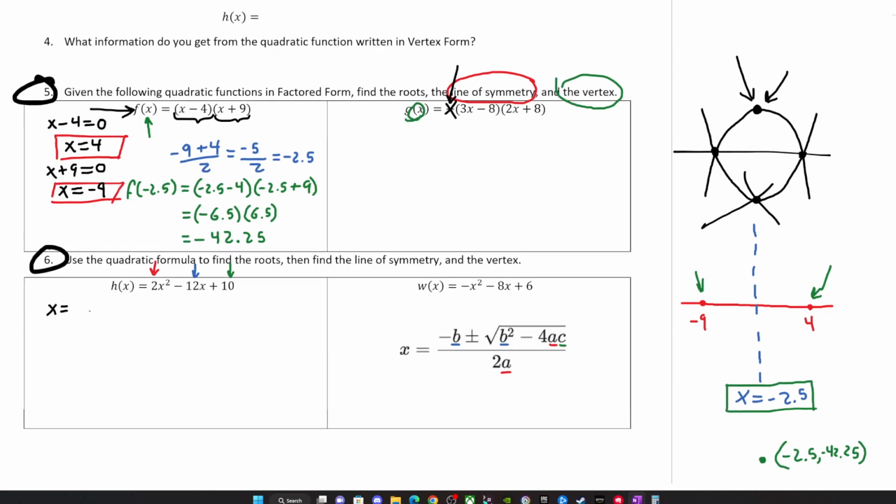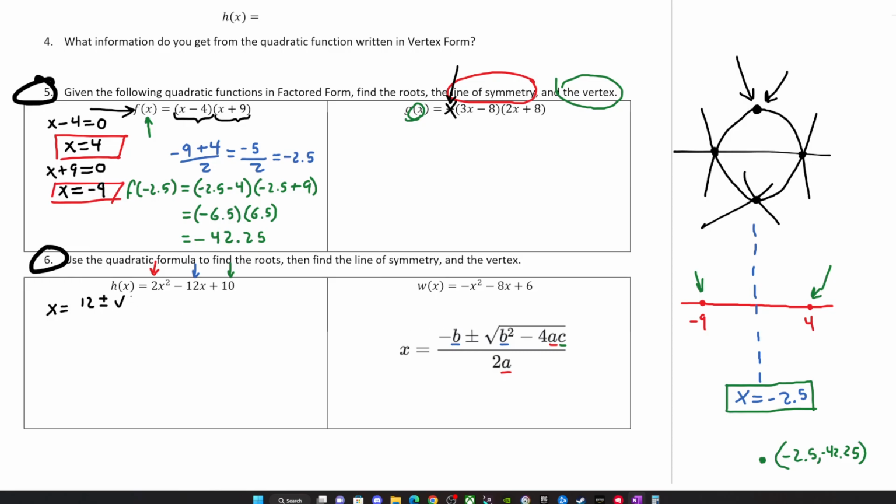So I will get that x equals negative b. Now notice that here b is negative already, so this negative will make it positive. Technically you will have negative 12, and that'll just be positive 12, plus or minus the square root of b squared.